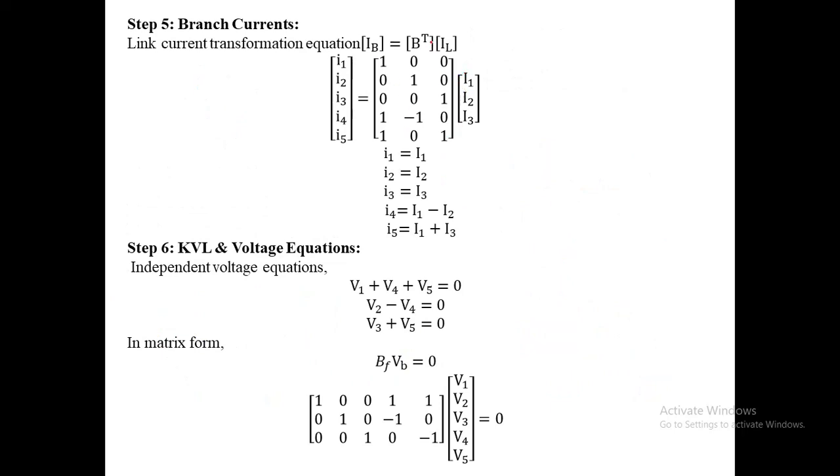And then the tie-set loop currents are I1, I2, I3. We just have to multiply this row and this column.